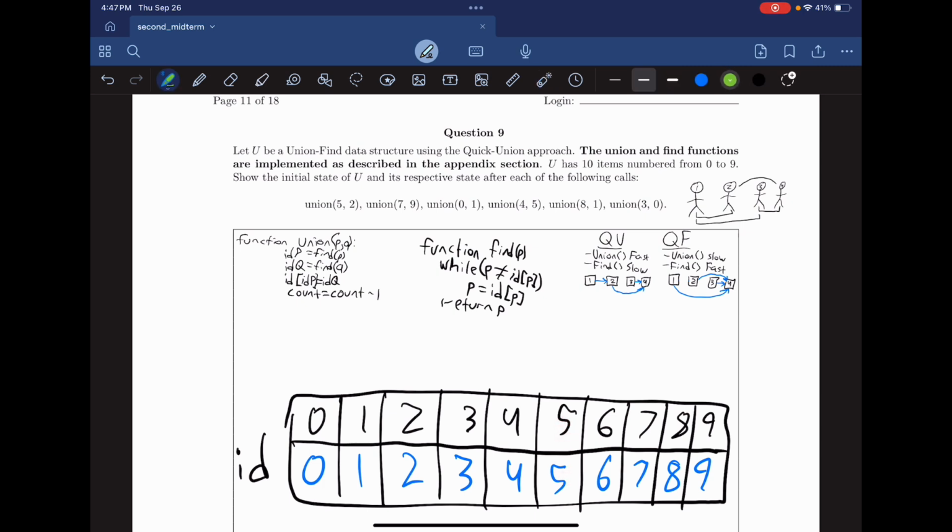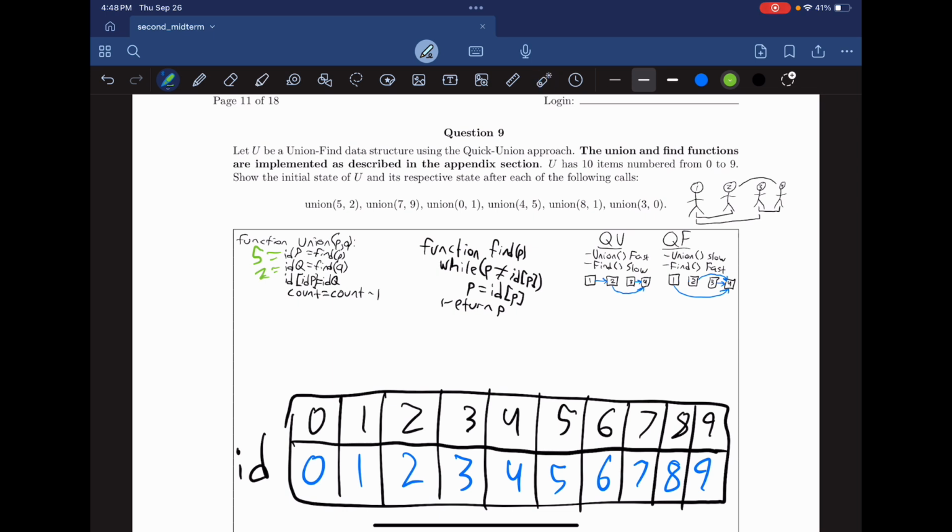So we go back and we set IDP equal to 5. We now do the same thing for IDQ. IDQ equals find of Q, so find of 2. We go to the array at index 2 and we see, is the value at 2 equal to 2? Yes. So we set IDQ equal to 2.